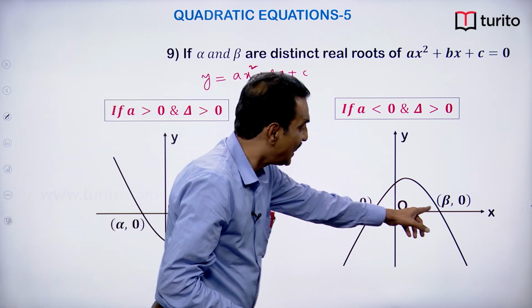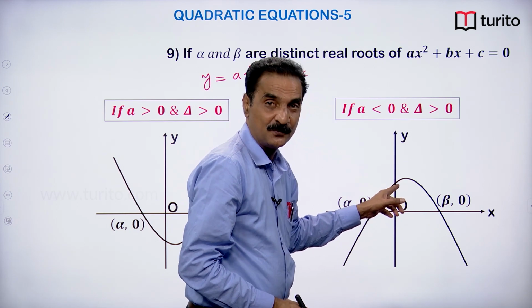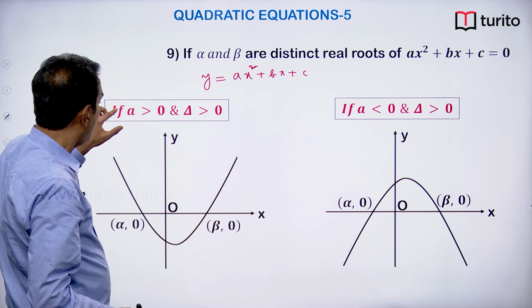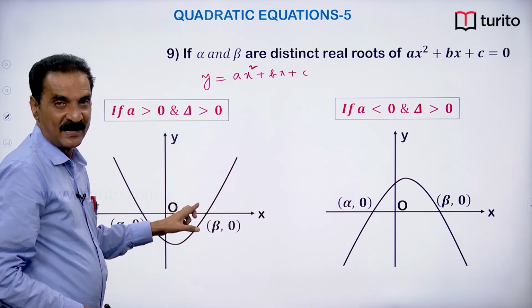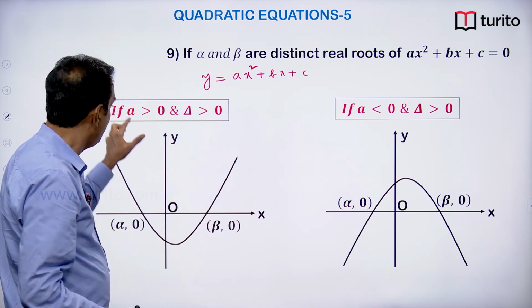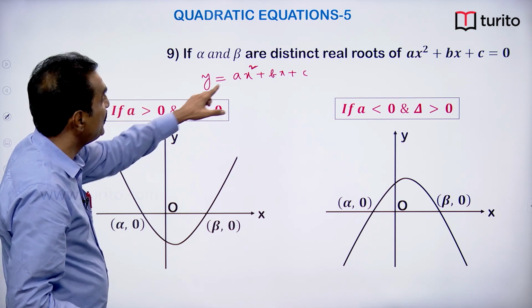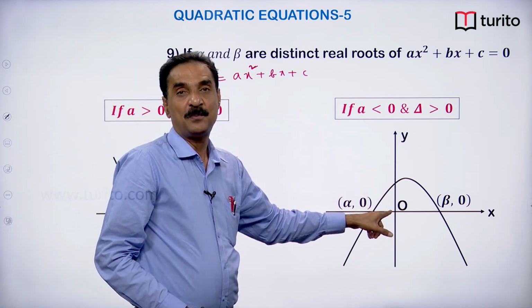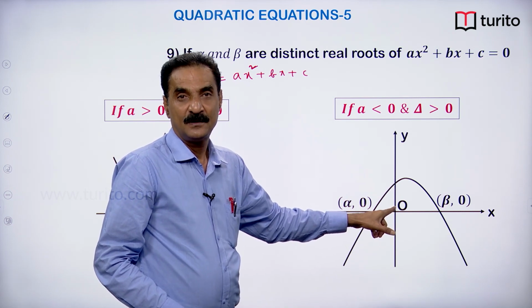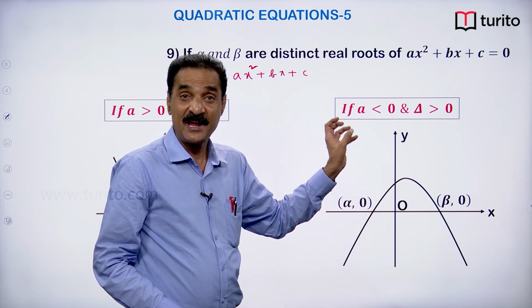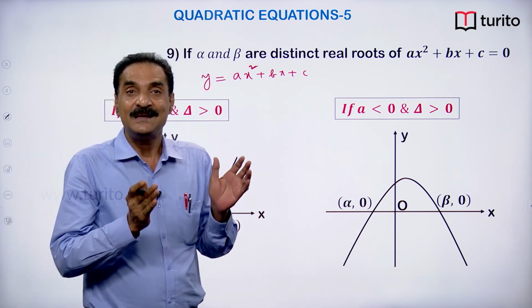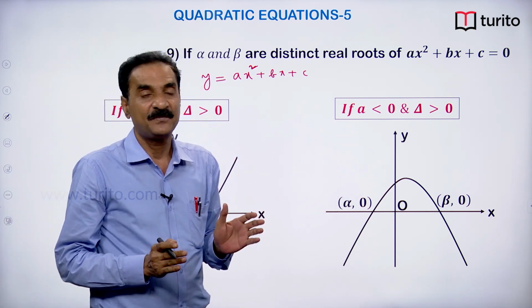When x lies between alpha and beta, here y is positive. So when a is positive, y is negative when x lies between alpha and beta; the value of the expression is negative. When a is negative, the expression is positive. So a and y will have opposite signs when x lies between the roots.